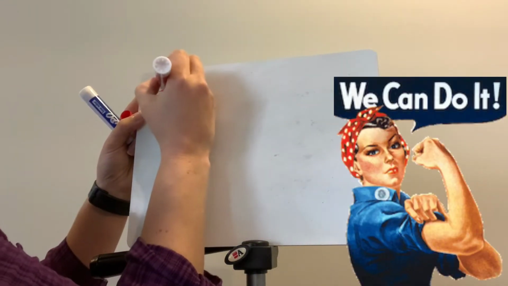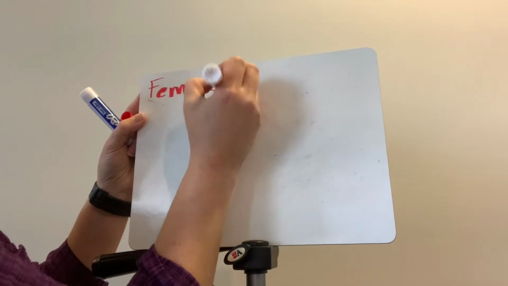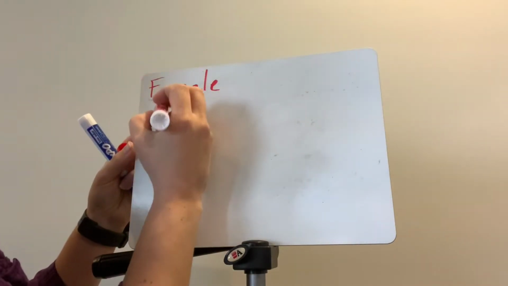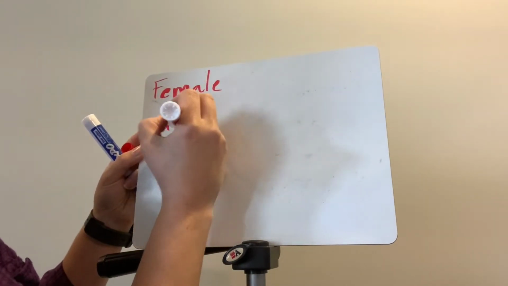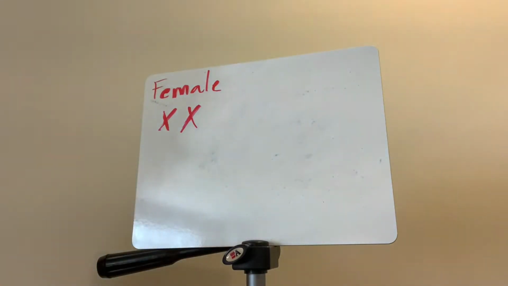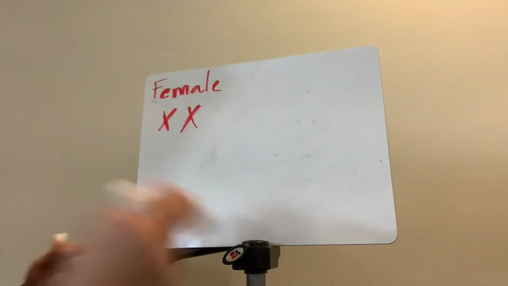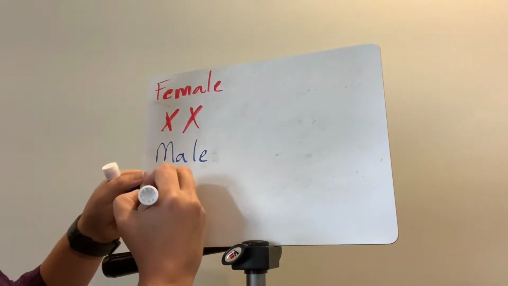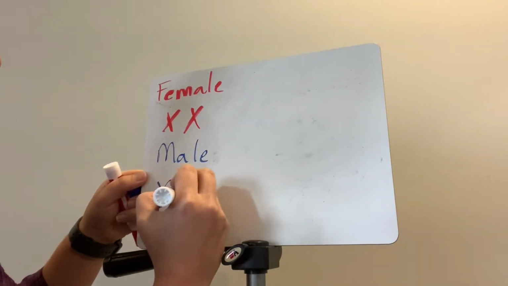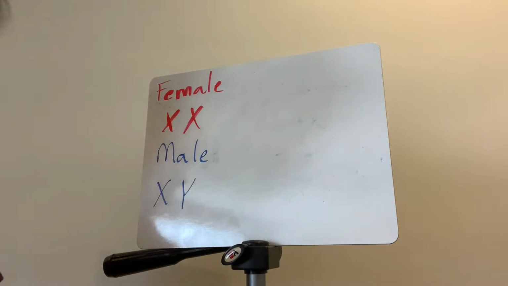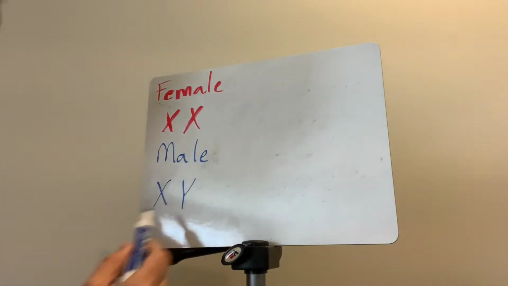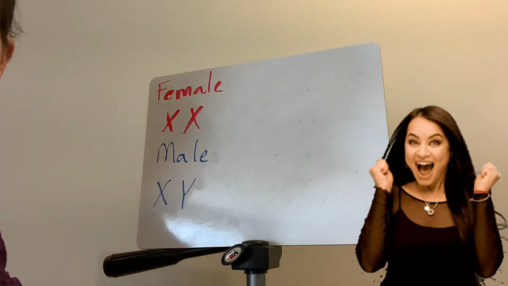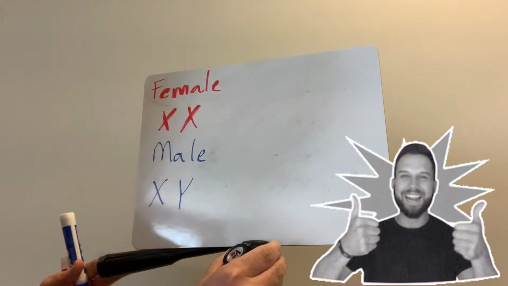So for a female, you're going to be XX for your 23rd chromosome pairing, and for male, you're going to be an XY. So the Y is what makes you a male. The Y is what's telling your body to not form into a female, but to form into a male instead.